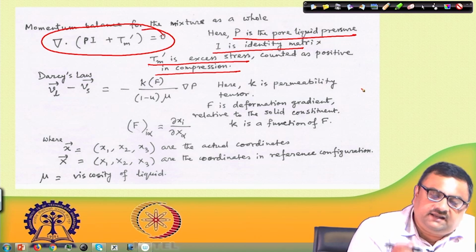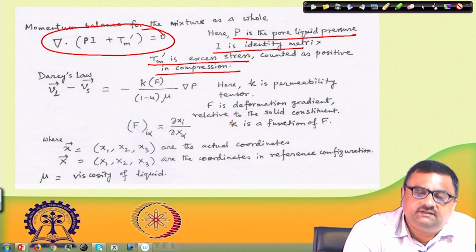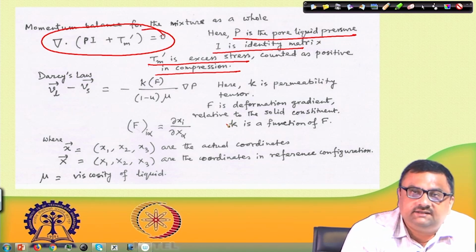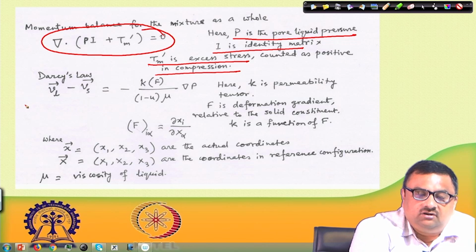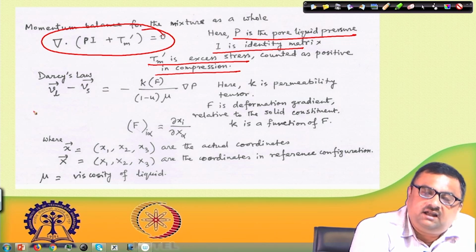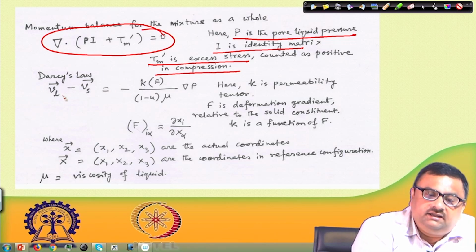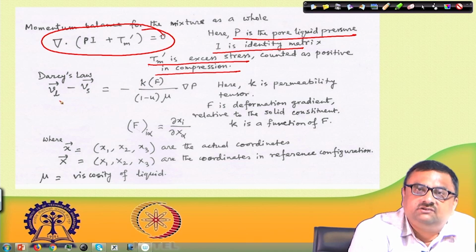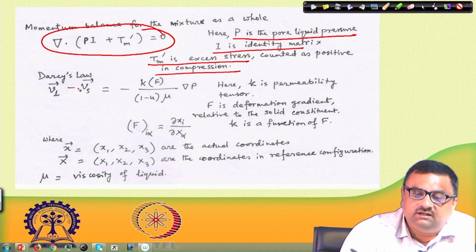And secondly, there is another equation which is important in this context, which is known as Darcy's law. Now mind it, first of all, this is not superficial velocity, this is interstitial velocity, right.